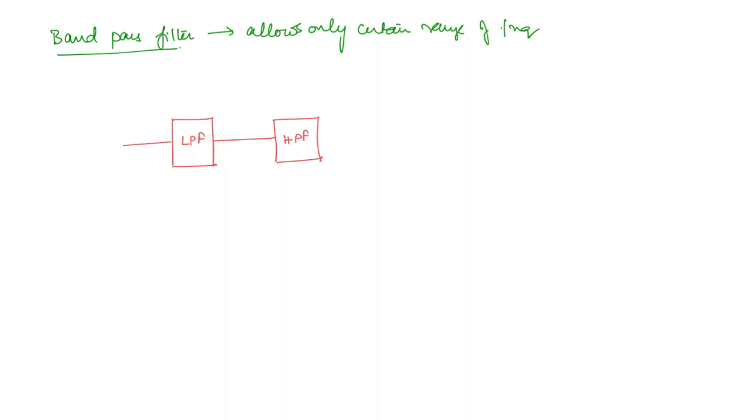Okay. Now what are the characteristics of each of these filters? So the low pass filter, let us say the characteristics are like this. This omega 1 will be the cutoff frequency, and for the high pass filter, let us say omega 2 is the cutoff frequency. Okay.